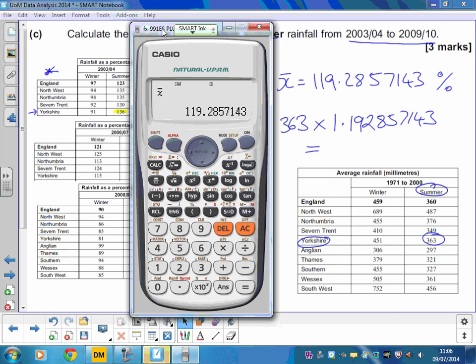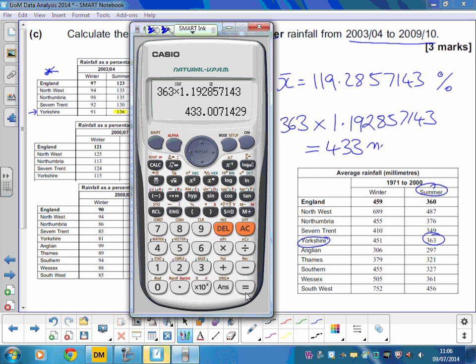So in my calculator, 363 times 1.192857, okay, which gives me 433 millimetres to 3 significant figures, which give all my answers to 3 significant figures.